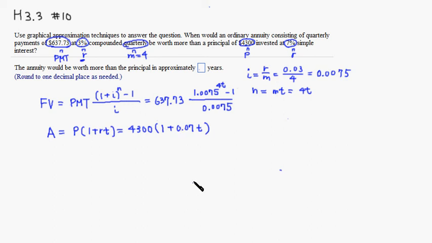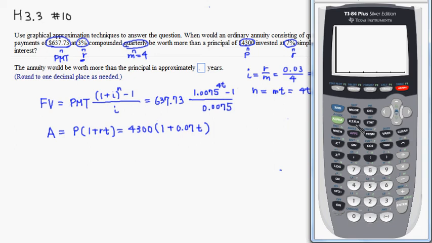Only difference is we're going to have to use x instead of t in a graphing calculator. So go to the graphing calculator and go to Y equals. First one is 637.73 times, left parenthesis, 1.0075, raise it to the 4 times x power.